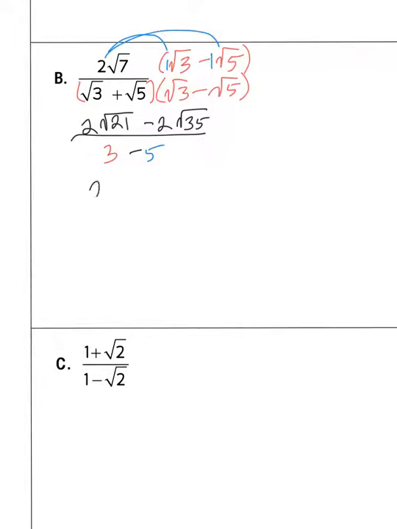So I end up with 2 square root of 21 minus 2 square root of 35, all divided by a negative 2.